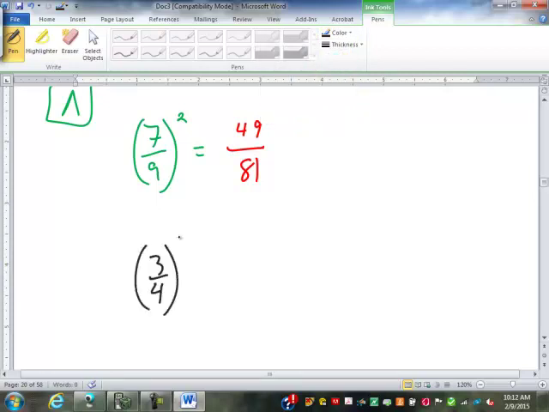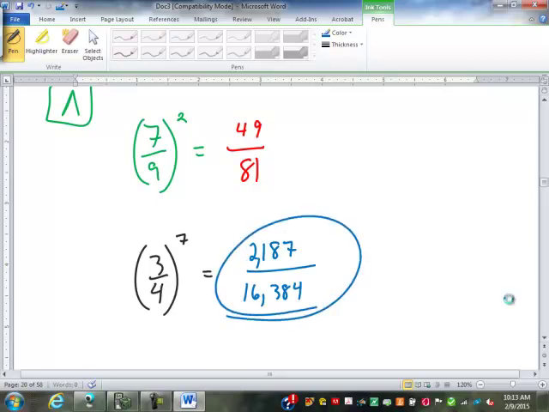How about 3/4 to the power of 7? 2,187 over 16,384. Cool.